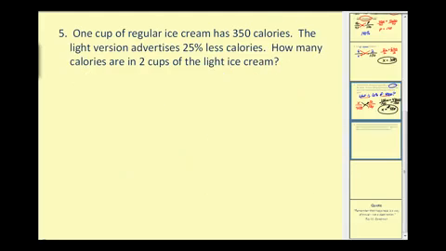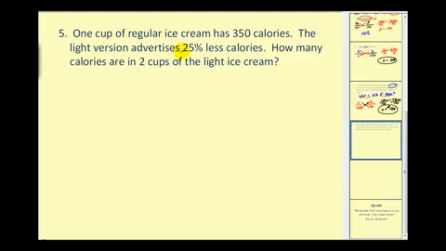And let's take a look at one more. This one's a little more involved. 1 cup of regular ice cream has 350 calories. The light version advertises 25% less calories. How many calories are in 2 cups of the light ice cream? So we could find 25% of this and then subtract, but if we think about it in another way, it'll save us some work.